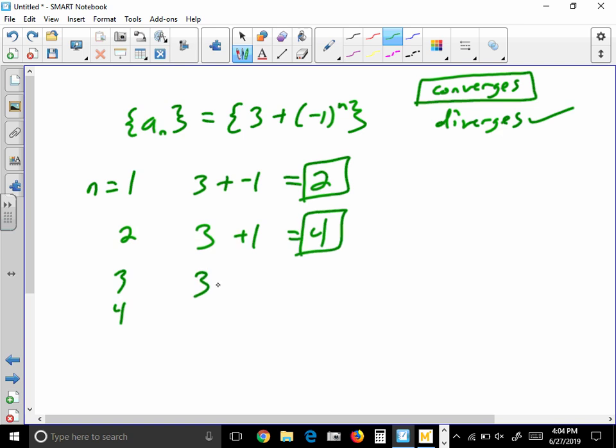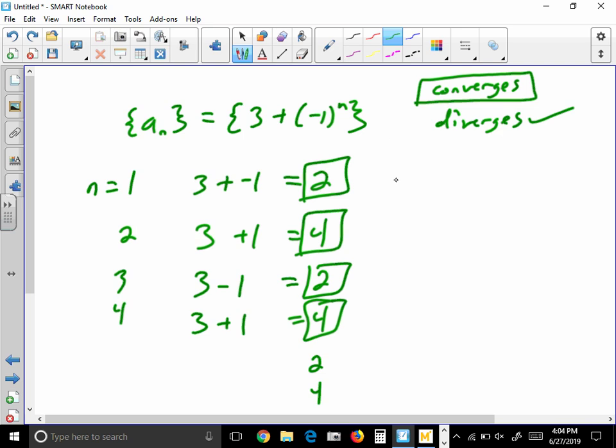When n is 3, we get -1 to the third, which is -1. When n is 4, we're going to have -1 to the fourth, which is +1. And is that ever going to stop doing that? No, it's going to go 2, 4, 2, 4, 2, 4. It's going to go on forever.